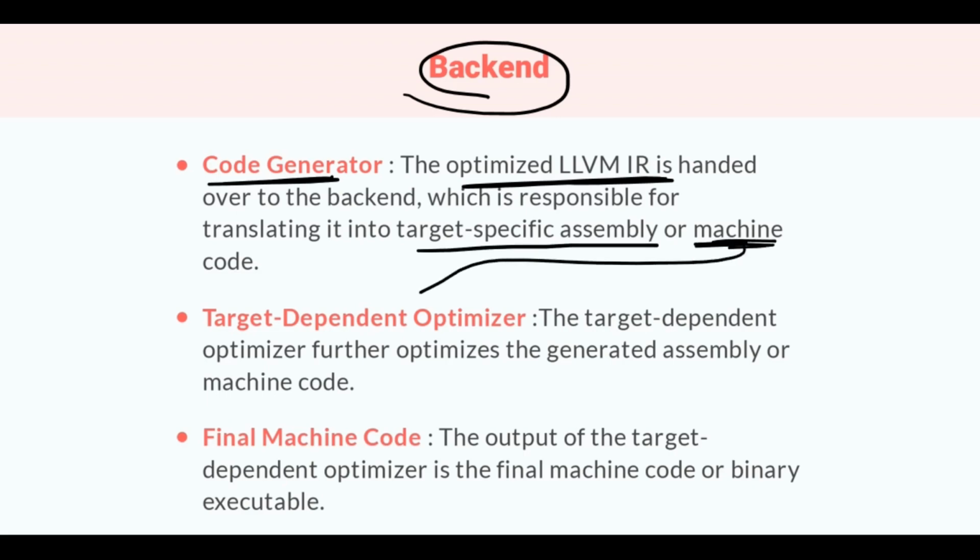Now this machine code will pass through the target-dependent optimizer. It will further optimize this generated assembly or machine code. So this is our final machine code, that can be executable. Hope you are getting my point, right?